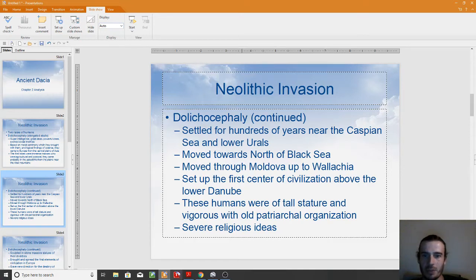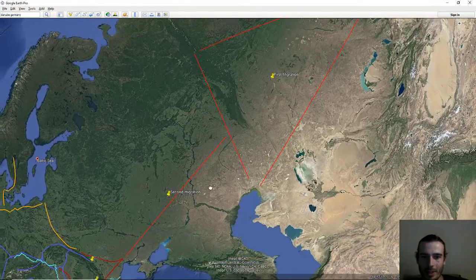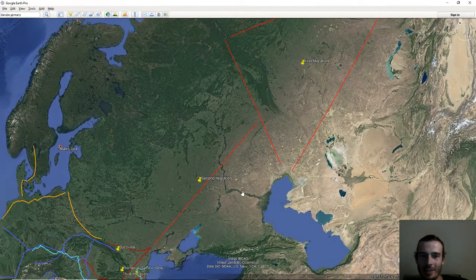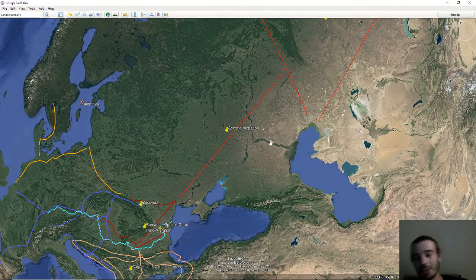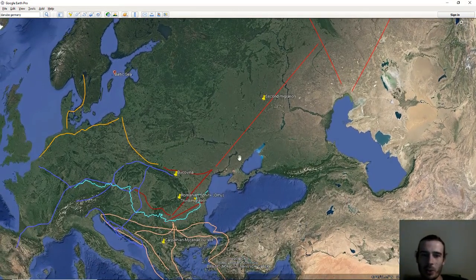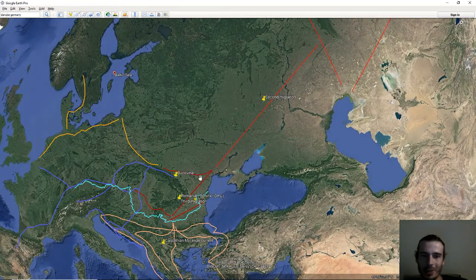They moved through Moldova up to Wallachia. Okay, so they moved in this general triangle area. They were here for a few hundred years. Then after that, they had another migration, or at least continuation of their migration towards Europe, towards the Carpathian Mountains.